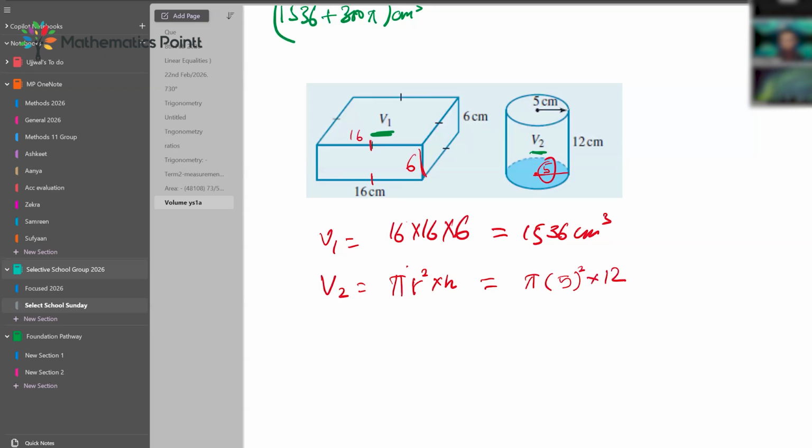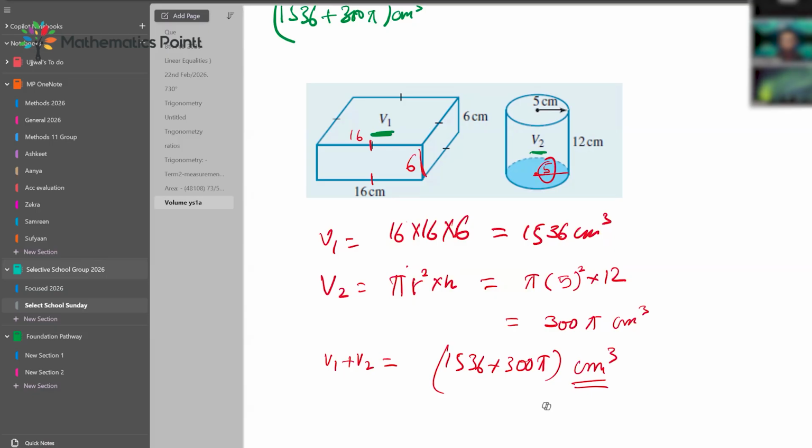So when you solve it, you get 300 pi centimeter cube. And the volume is V1 plus V2, which is 1536 plus 300 pi centimeter cube.